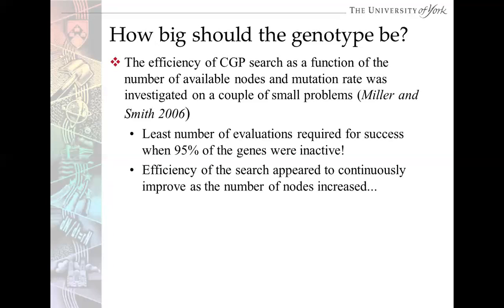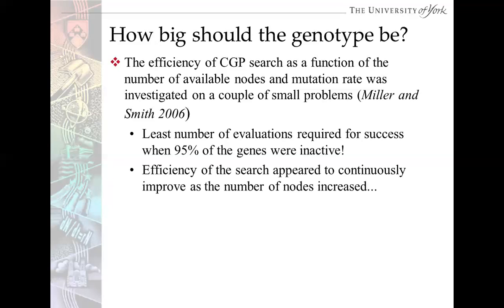genes were inactive. And also that the efficiency of the search appeared to continuously improve as the number of nodes increased. Well, of course, this can't continue, because it would suggest that if you kept increasing the genotype, eventually you'd solve your problem in the initial population, which cannot be true.